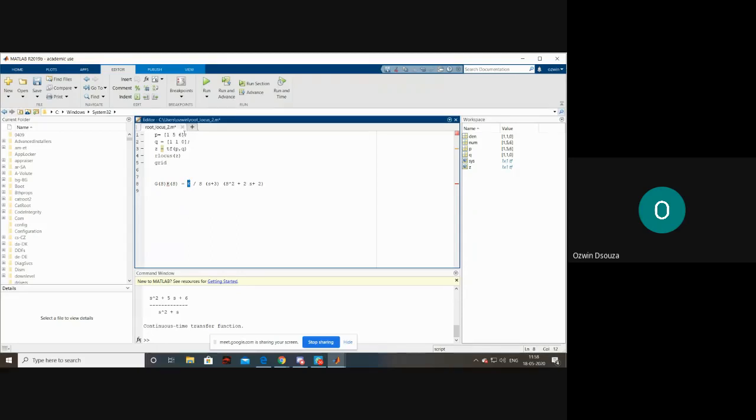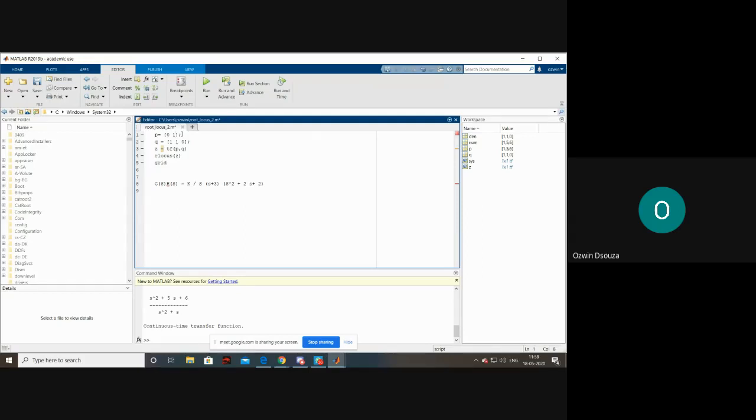So what you can do is take p as 0 space 1. I'm just trying out 0 space 1, so 0s plus 1 it takes. We are taking k as 1.